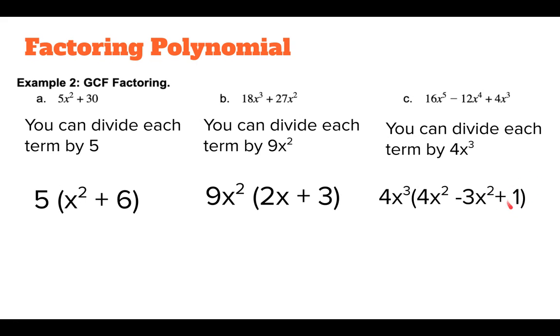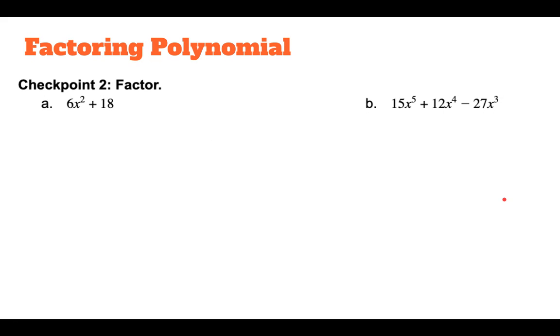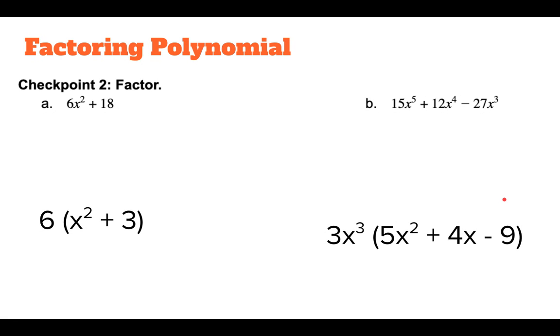This is the biggest thing: when I take out that term and it's the same as the outside, there's always a 1. It doesn't go away. Again, try these problems, pause the video. Okay, here are the answers. I hope you got those right.